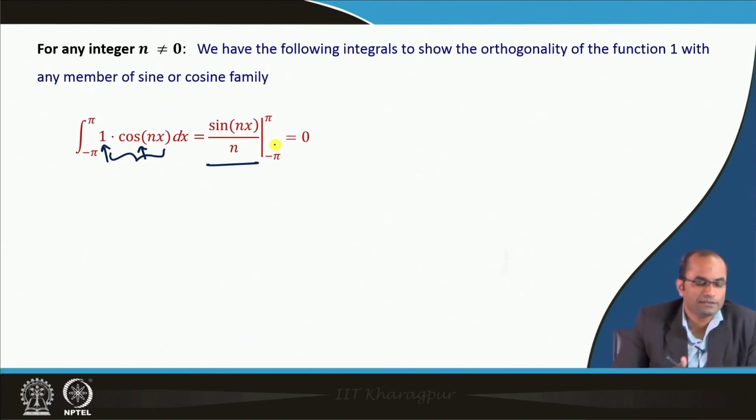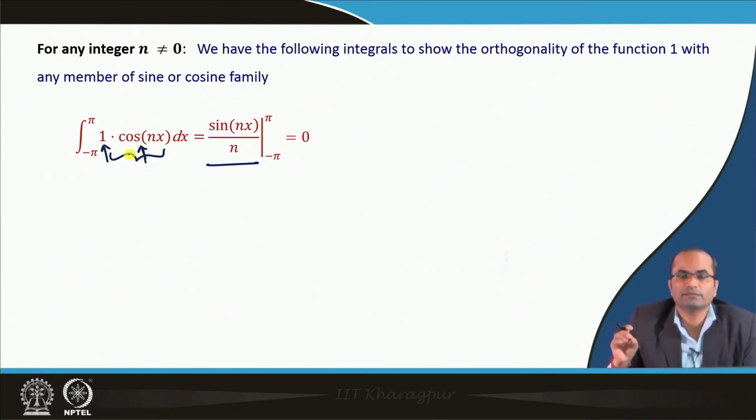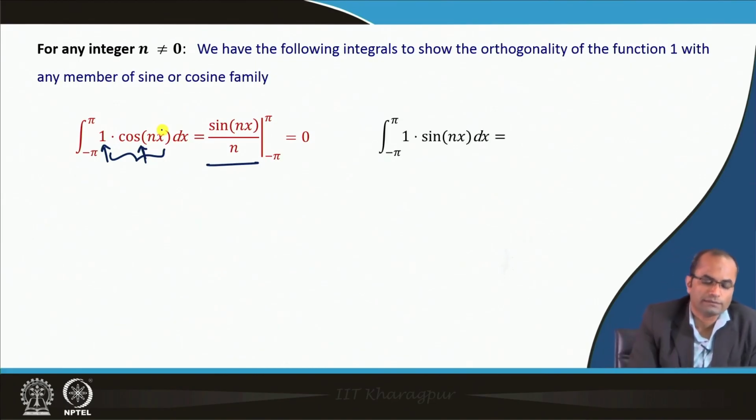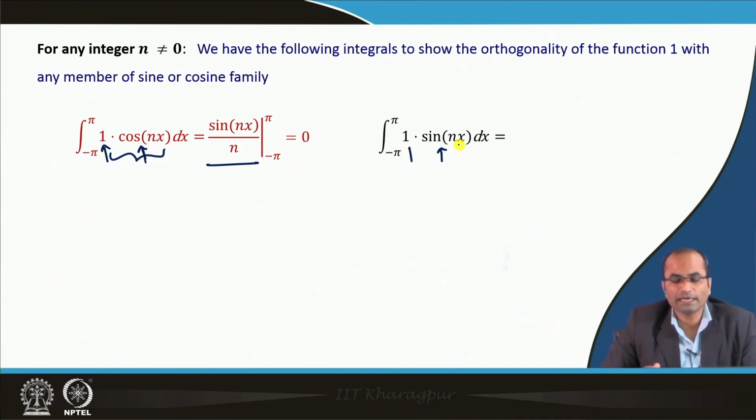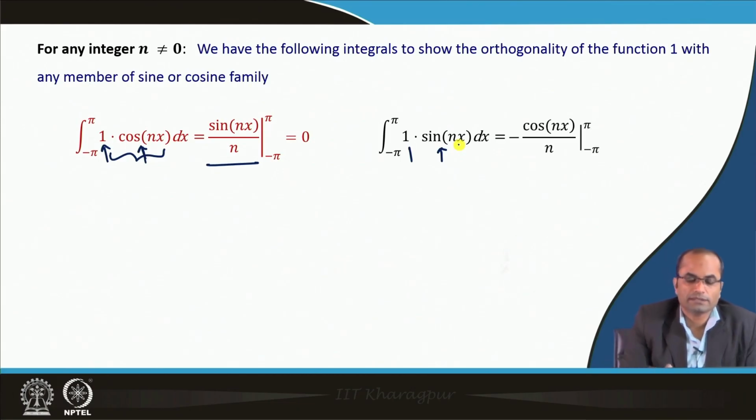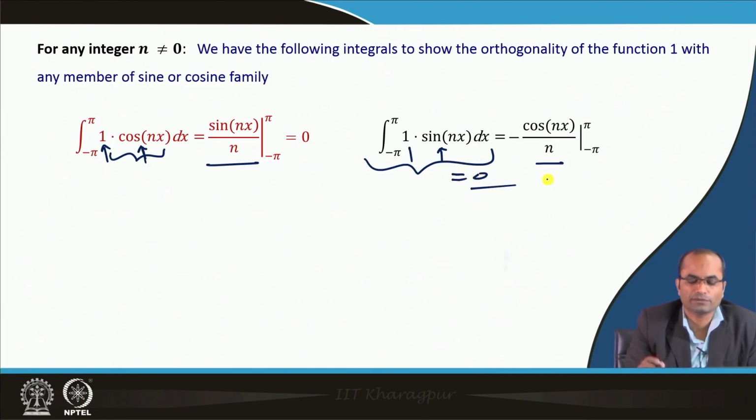So, here we have seen that with 1, if we take any member of the cosine family, that means cos x, cos 2x, cos 3x, cos 5x, etc., these two are orthogonal. Similarly, we can also prove that with 1, if we take any member of the sine family from our trigonometric system, then again we get cos nx over n, or indeed directly we can say sin nx is an odd function and the value is 0.